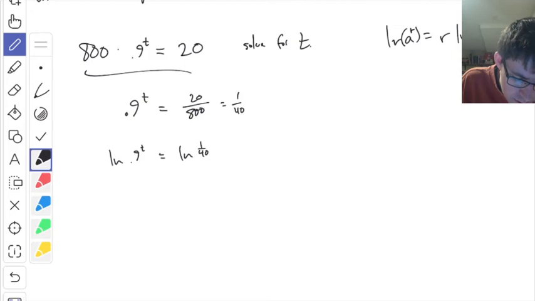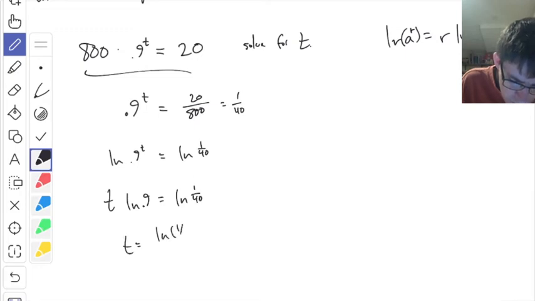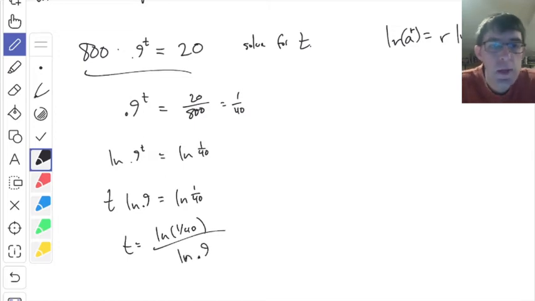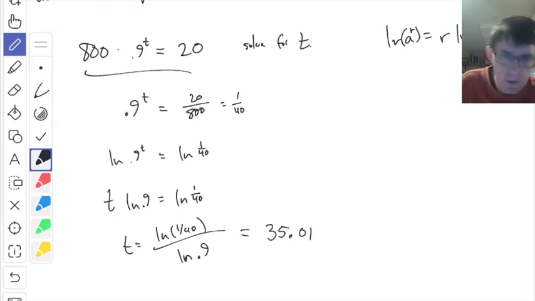So t times ln 0.9 equals ln of 1 over 40. And then I can solve for t, right? So it's ln 1 over 40 divided by ln of 0.9. And this, my friends, you can just type into your calculator and get the answer. The answer is, so I put this in my calculator, I got 35.01... So that means I need to do it 35 times to get to the healthy level.